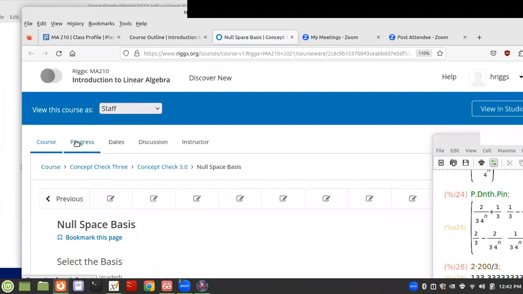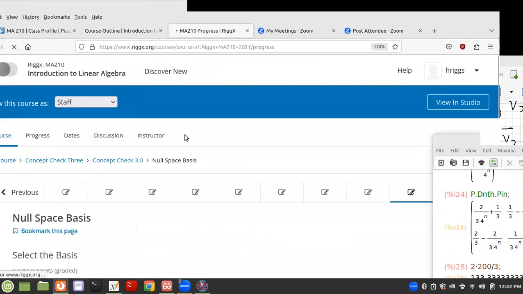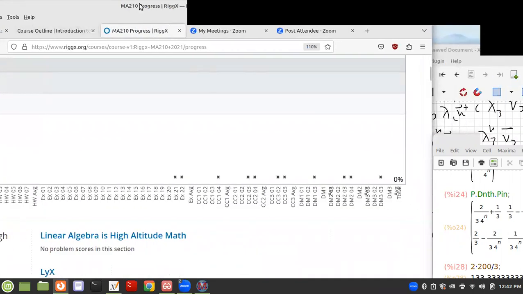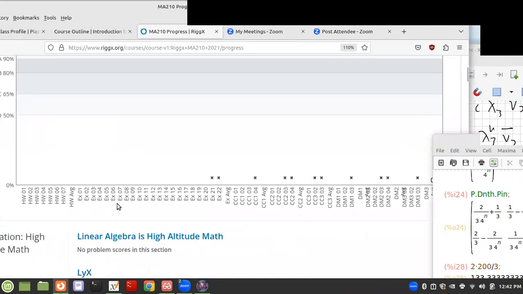If you look at your progress page, you'll see the exercises count I think 20% of the grade, and there are two here that, if you have two missing, these X's mean that they're dropped. The two low scores are dropped.